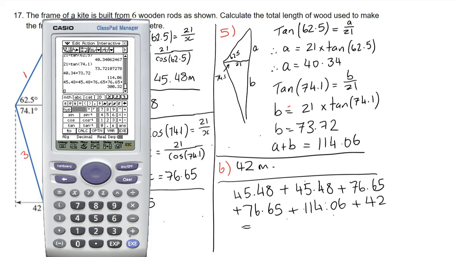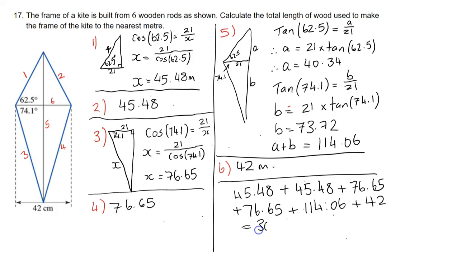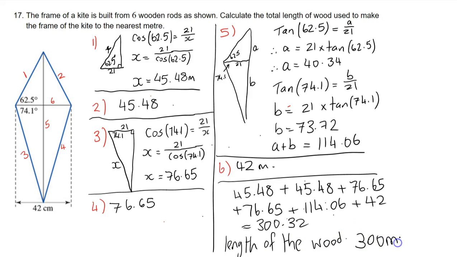So I've got 300.32. Okay, and they wanted the length of the wood used to the nearest metre. So length of the wood to the nearest metre is going to be 300 metres.